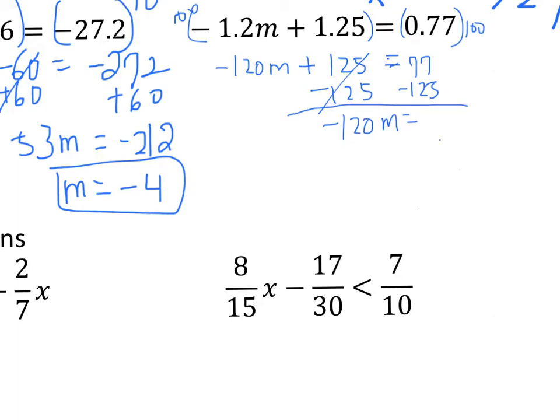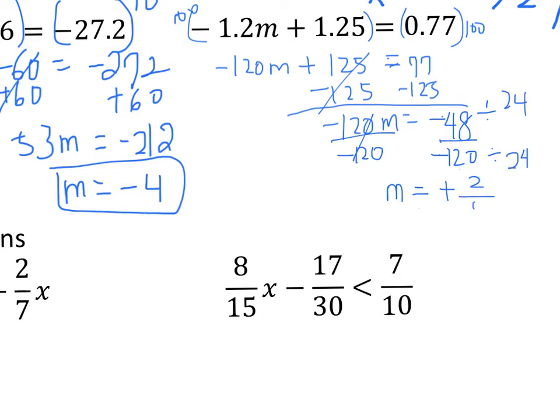And then 77 subtract 125 is -48. And then I'm going to divide both sides by -120. Negative, negative, positive. Okay. And then I need to simplify 48 and 120. So I'm going to divide by 24 to get 2/5. Okay.